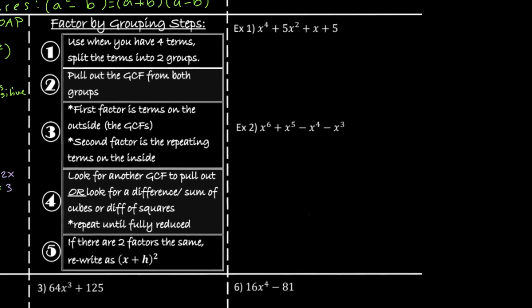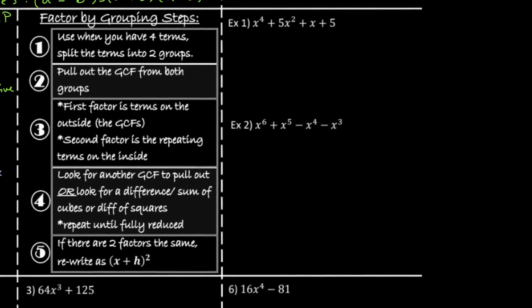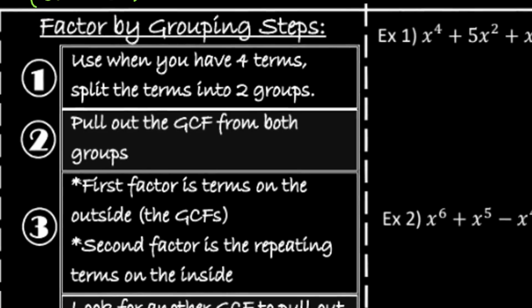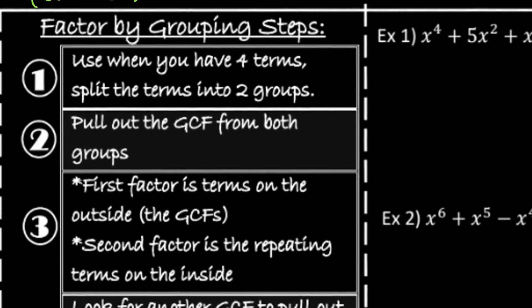If you have 4 terms, you are going to be using factor by grouping, which we are already familiar with. So here, it says, factor by grouping. Use when you have 4 terms, and you're splitting the terms into 2 groups.